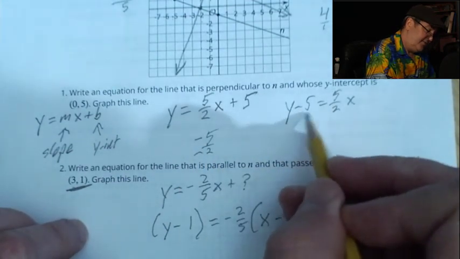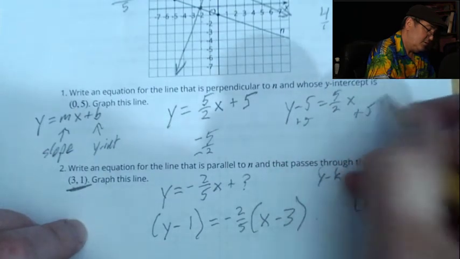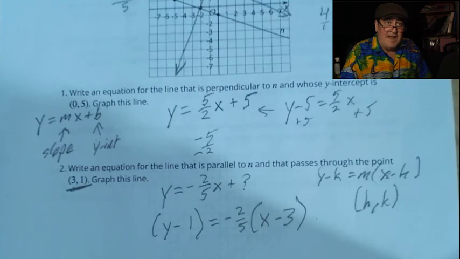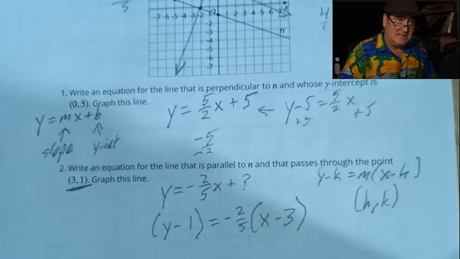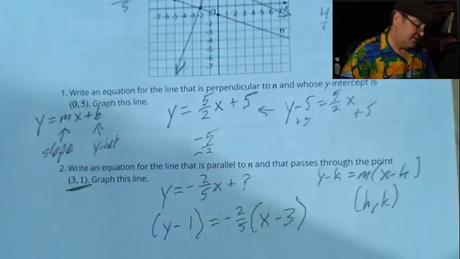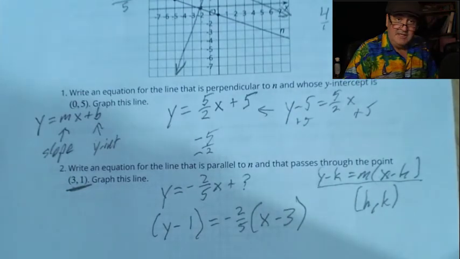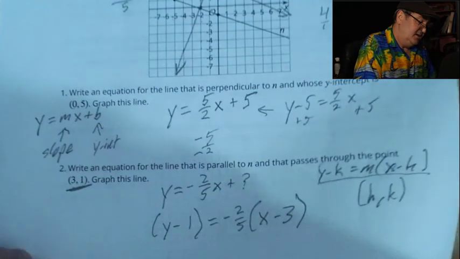Because if we add 5 to both sides, we get that equation. So when it passes through either the x or y being 0, either one of the axes, then it's going to look a lot more like this equation there. But let's not forget this form right here for writing a line, rather than trying to figure out exactly where it's crossing the y-axis. Don't forget we have 2 ways of doing that.